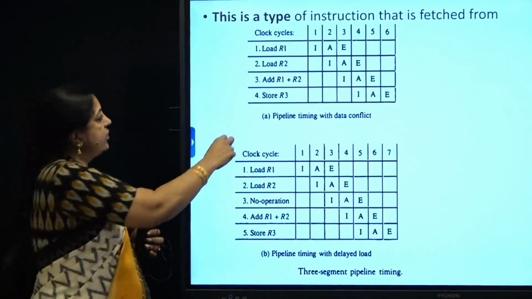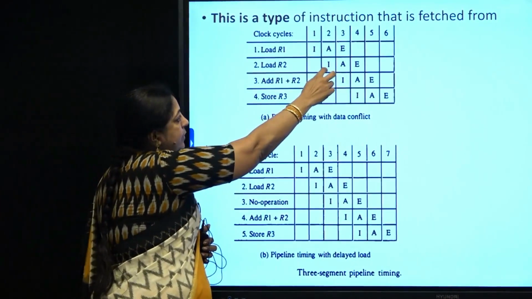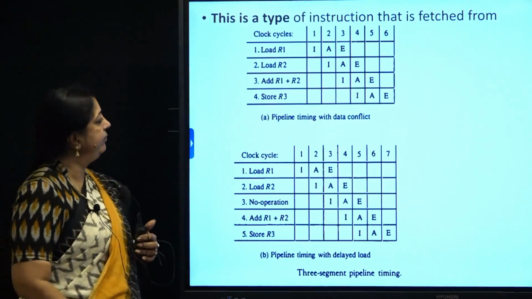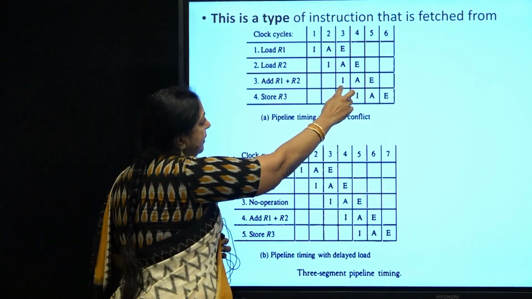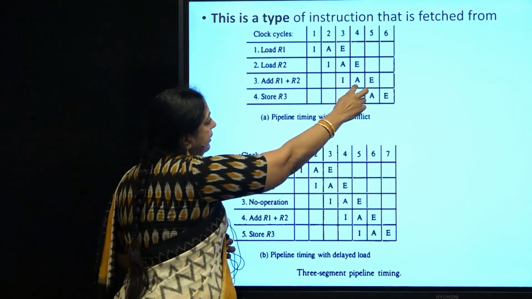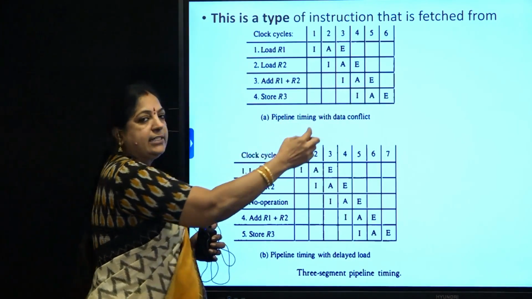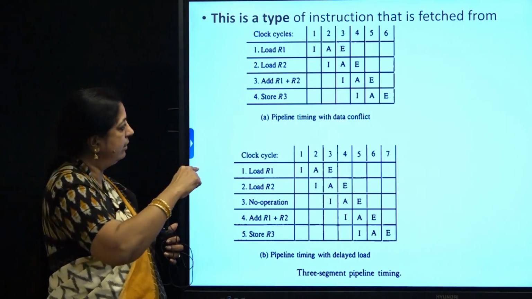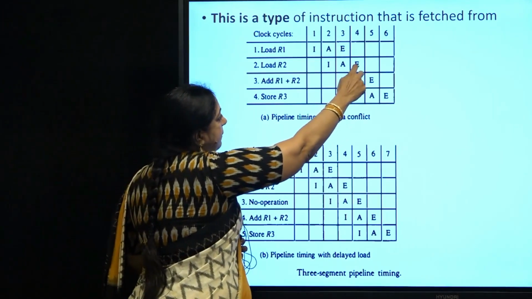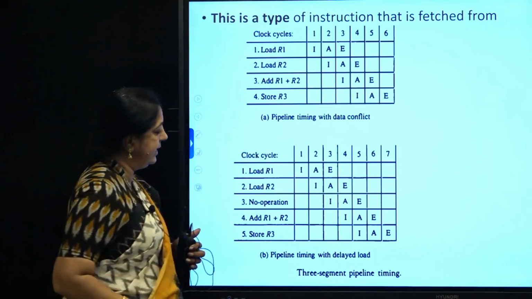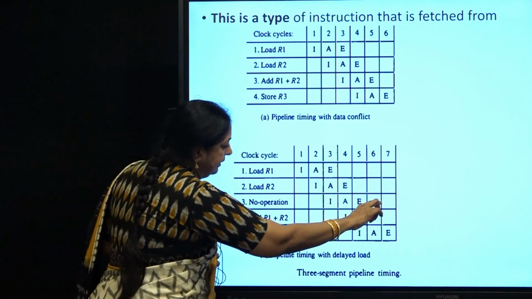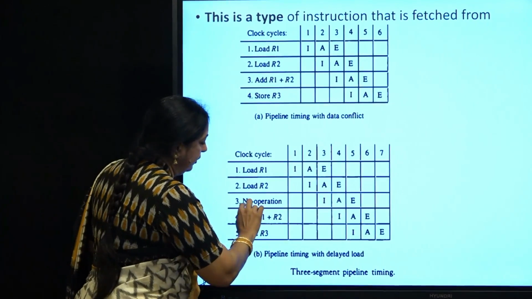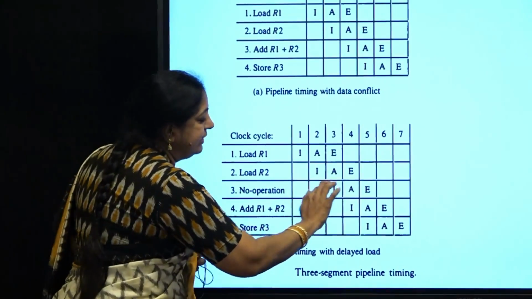Whereas for the second instruction, load R2, the fetch part you are doing. And here R1 plus R2, the fetch part you are doing, and here you are doing the execution part, ALU computing part you are doing here, but this overlapping is there. So, here we take one cycle with no operation, we are delaying.